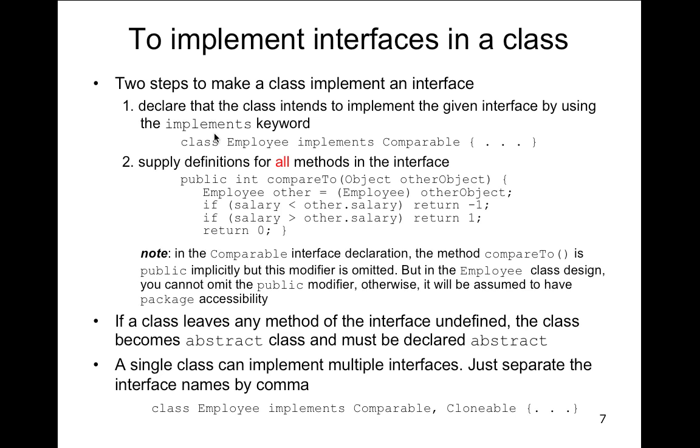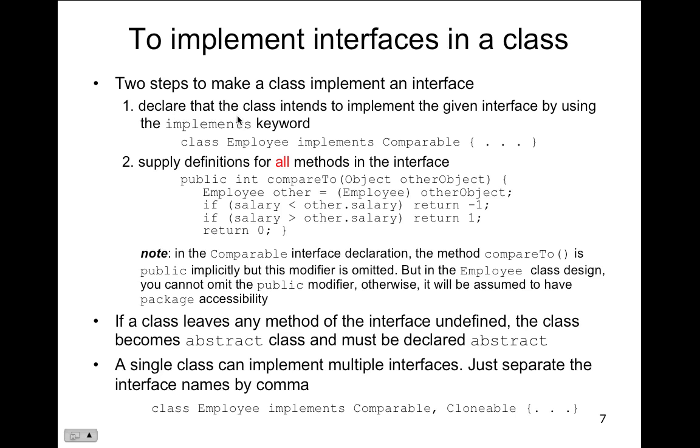But we can implement 5 different interfaces or 6, or as many as we want, which is interesting. You just separate them by commas. So implements A, comma B, comma C. You implement all of it.